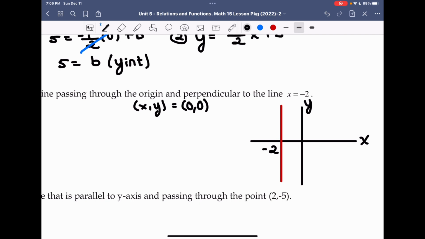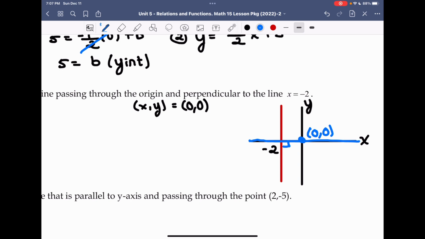When they say x equals negative 2, we have a vertical line. And so if it's perpendicular to this and it passes through the origin, then our line must be simply along the x-axis. Because they say it passes through the origin, which is right here, 0, 0, and it's perpendicular, or forms the 90-degree angle to our other line. So thus, our slope is actually 0.